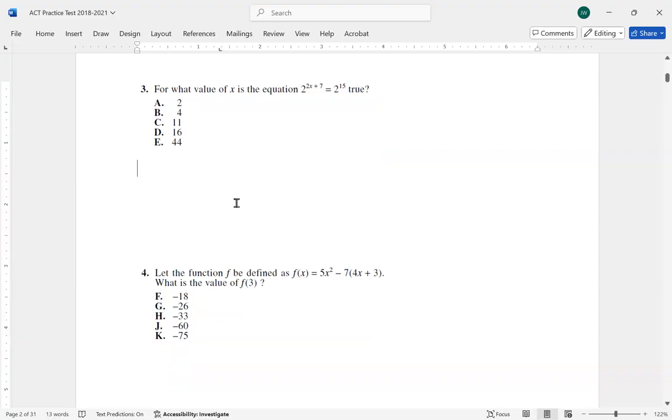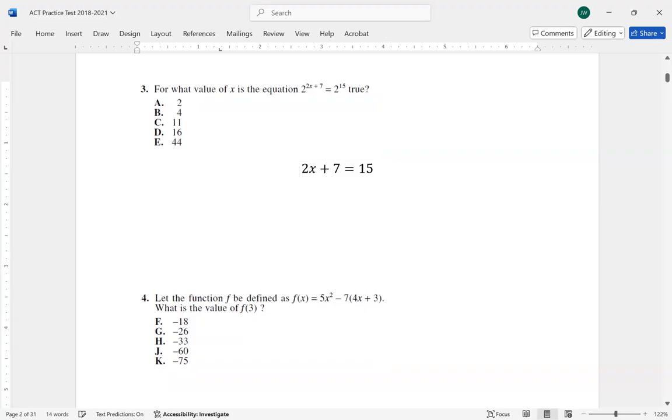Question 3. For what value of x is the equation 2 to the power 2x plus 7 equal to 2 to the power 15 true? Since we have the same bases, we can just set the exponents equal. So this equation is going to be true when the exponents are equal. So 2x plus 7 is equal to 15.